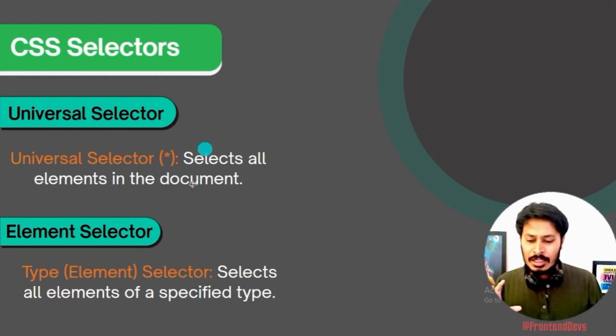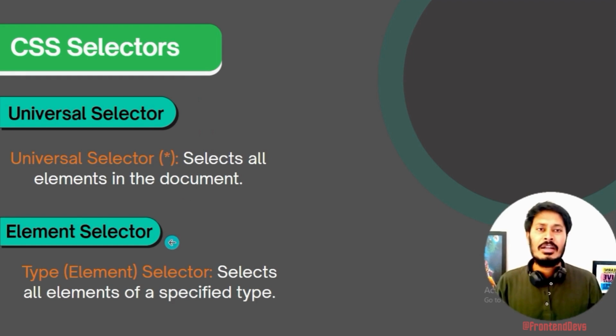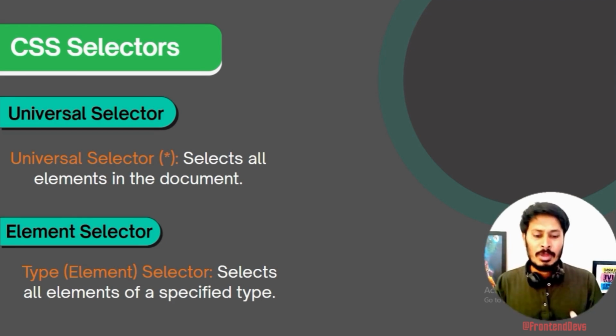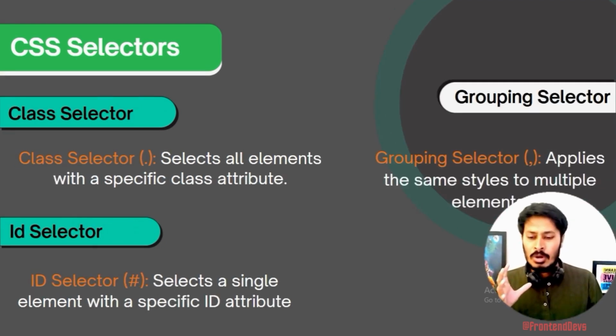Then the second selector we have is the element selector. We already discussed what element selector is, right? It selects all the elements of the specific type. That means we can select the h1 element, and when we apply some CSS, it is applied to all the h1 on that web page.